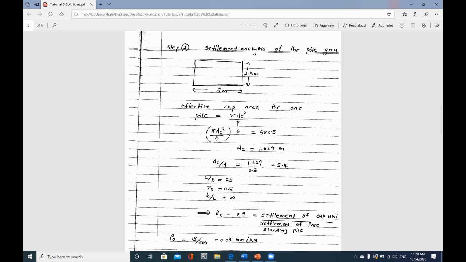Then we need to calculate the DC over D ratio. DC over D ratio will be useful to calculate the value of RC and other values as well. The RC value, which is the settlement of the cap unit divided by the settlement of the freestanding pile. But in here we are considering the settlement of the cap unit, okay?